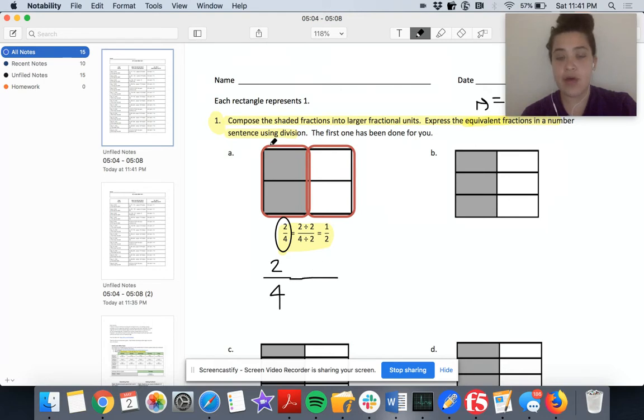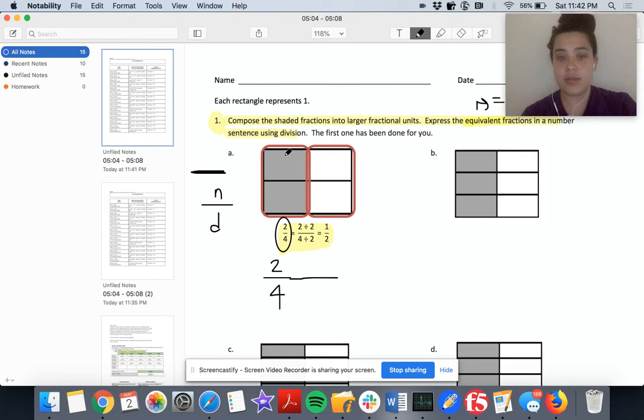Now, how can we show equivalent fractions? By dividing. We know that we could just divide the numerator and the denominator by the same number, and we would get equivalent fractions. In this case, it's easiest to just divide by how many pieces were created by horizontal lines.